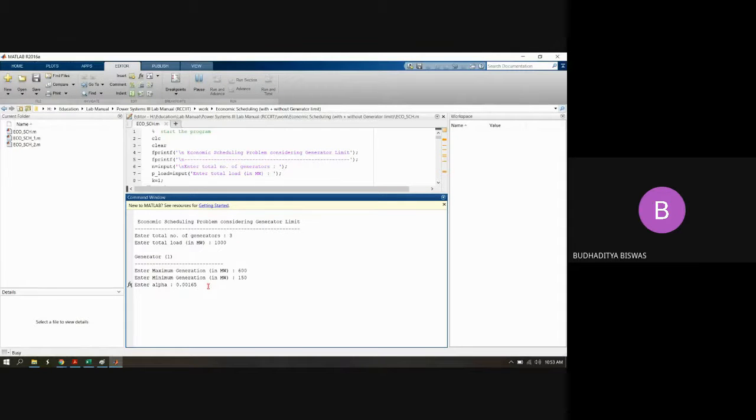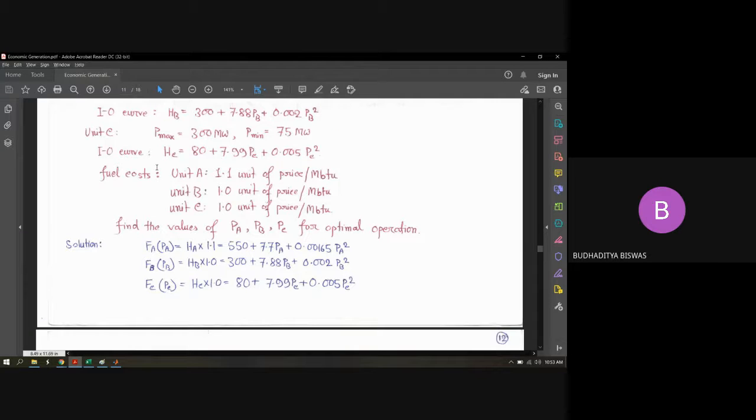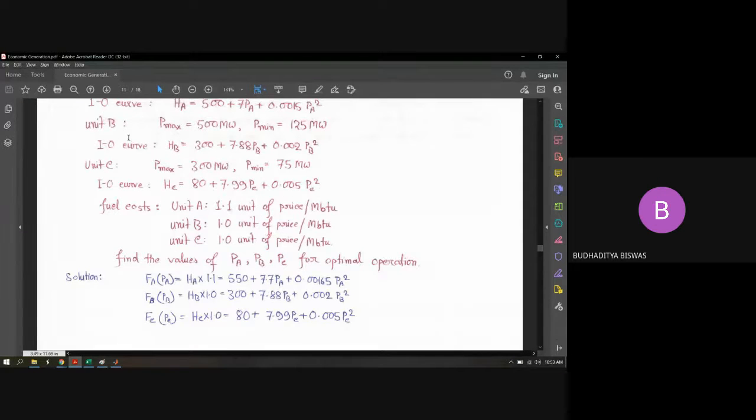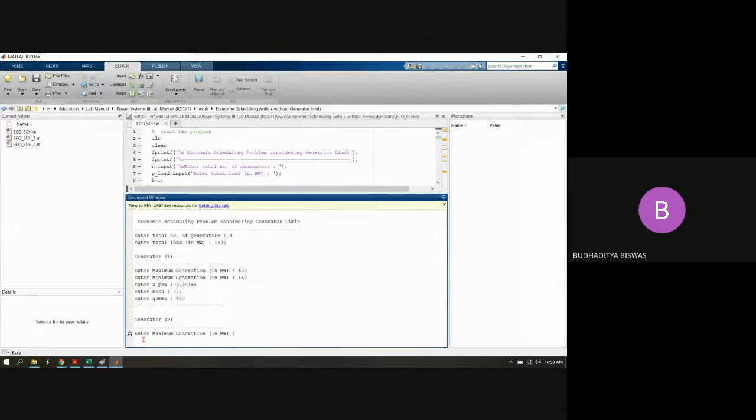So beta is 7.7, gamma is 550. Coming to the second generator, we need to fix the generator limit. The limit of the second unit is 500 upper limit and the lower limit is 125 megawatt.